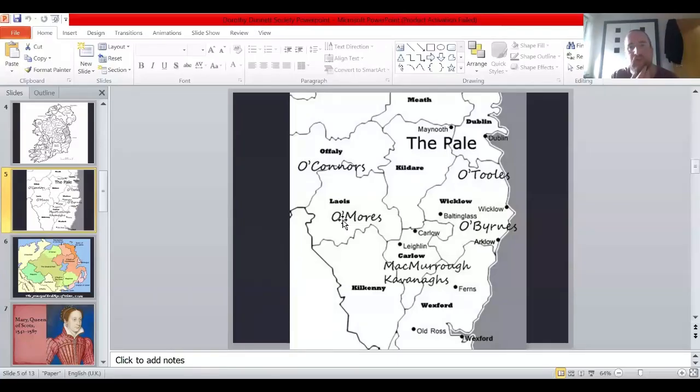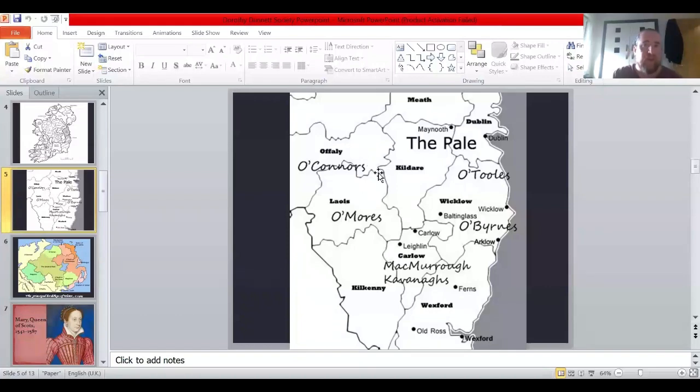He just basically says, "Oh, there's been an attack, and we need to launch a raid into this region." Now, this basically starts the Tudor conquest of Ireland to a large extent. It's the first move in what will eventually become the English conquest of the entire island by the early 17th century.